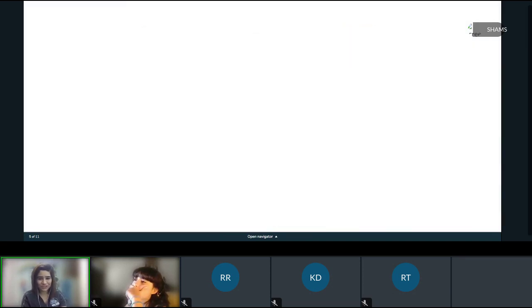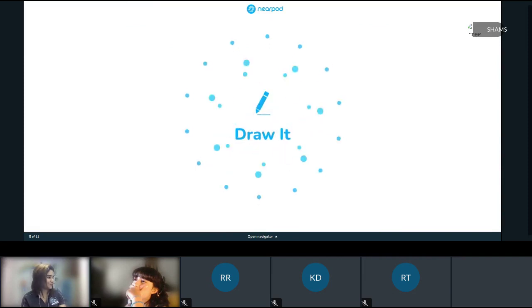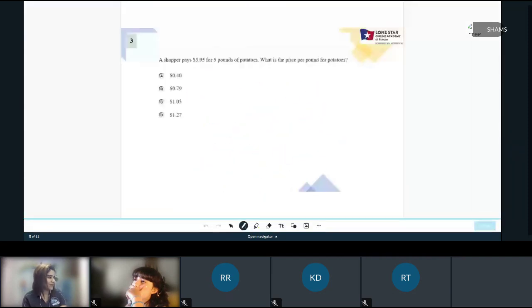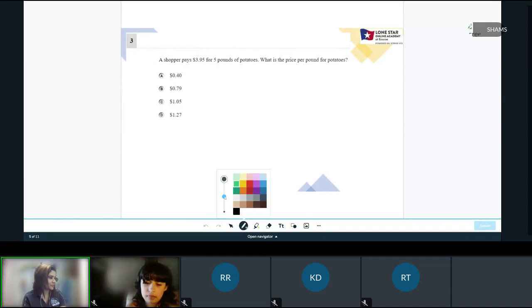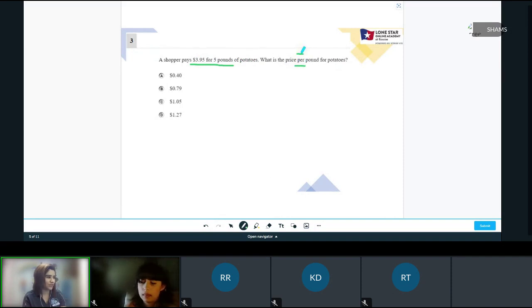Let's look at question 3. A shopper pays $3.95 for 5 pounds of potatoes. What is the price per pound for the potatoes? This is a division question. You want to find for 1 pound.